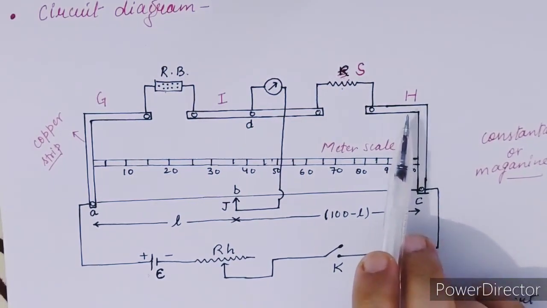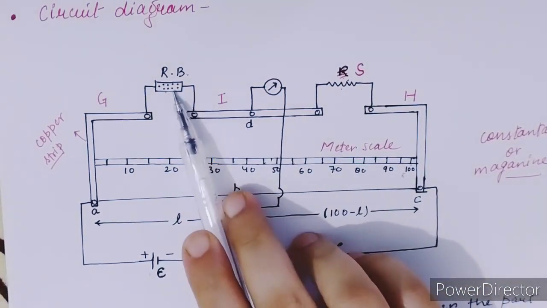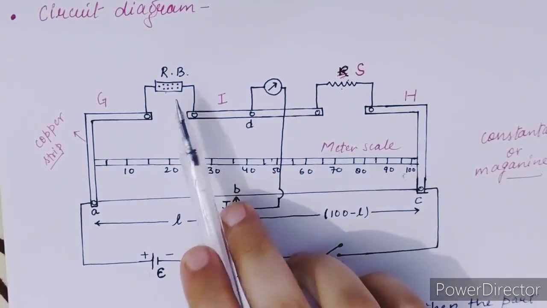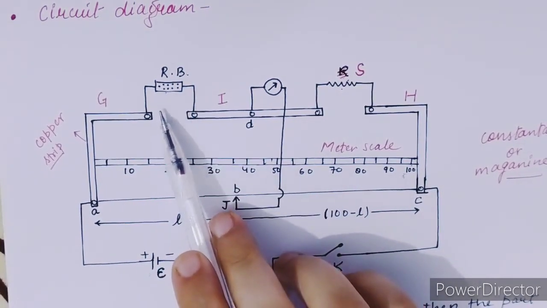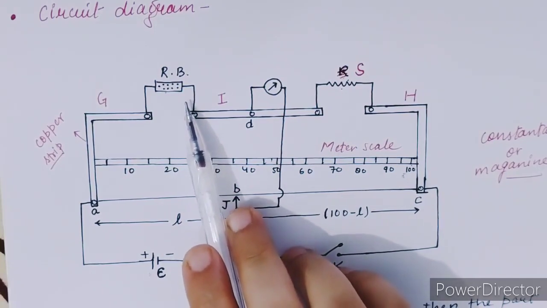Now what we have to do: a known resistance box is connected across the strips G and I. This is your resistance box. We have to pick out the key from the resistance box as much as we desire. Clear?